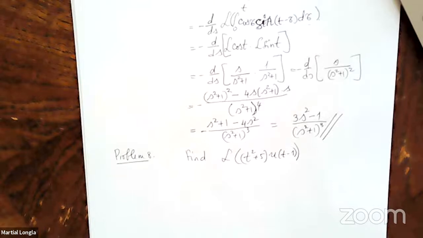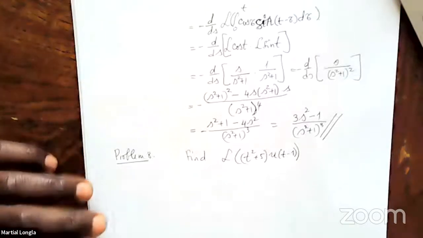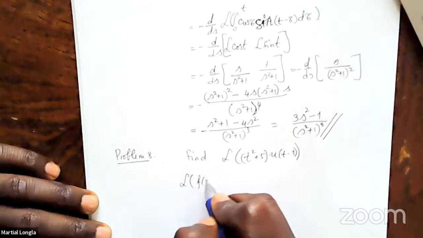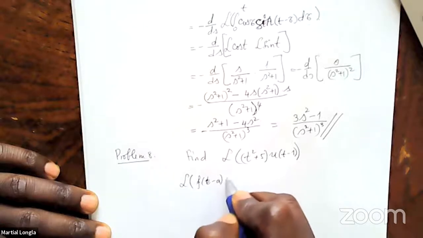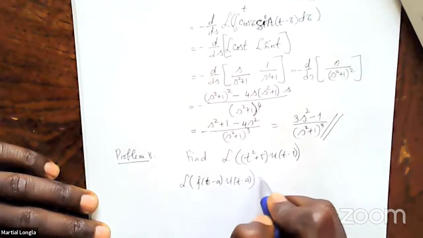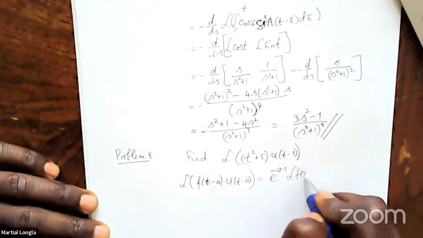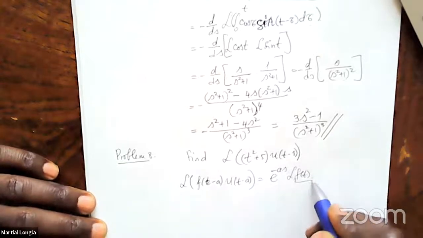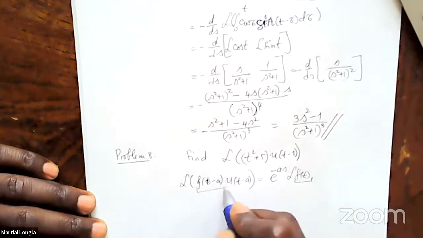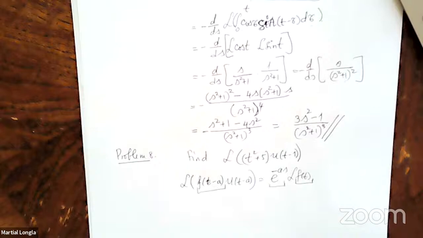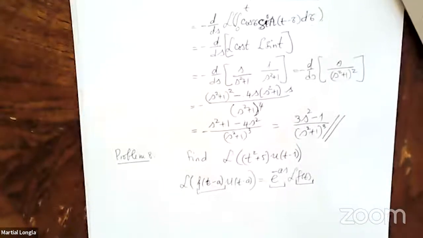Second translation theorem. So you need to see f of (t minus a) and u of (t minus a). You need to know what is f of t and what is f of (t minus a) to figure out what is the a and get this formula. Let's give you 2 minutes.